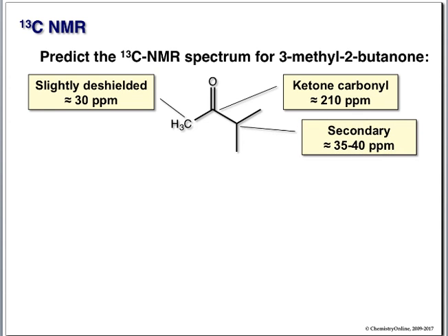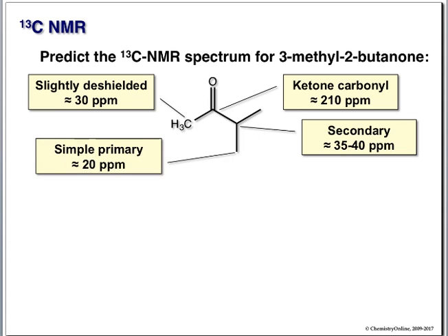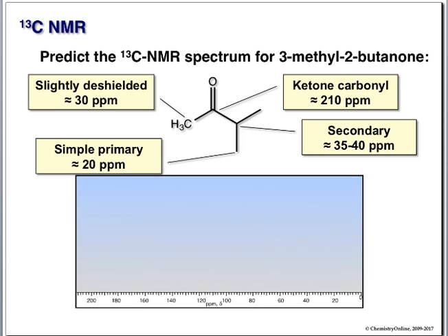So with a secondary, we might expect to be at 35 to 40. And the simple primaries here, oh, probably less, maybe down around 20-ish. So that's our prediction. Any questions on how we did that? Just ballparking all these things as we go. So let's look at it. This is the C13 spectrum.